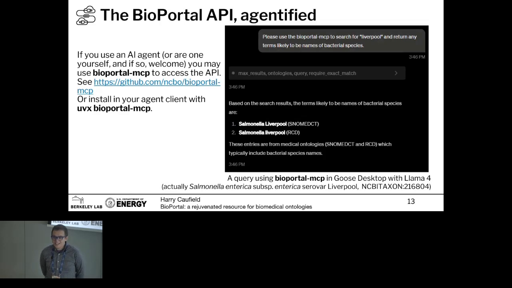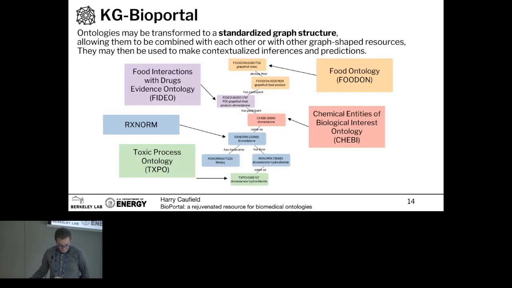That's the key, is you want to be able to link back to the BioPortal references as well. I know this is also in NCBI Taxon as well, so if prompted, I'm sure that would also return the taxon result. That's the other important thing about these MCPs and operating with these agents, is you can follow up on that conversation as well and refine it.